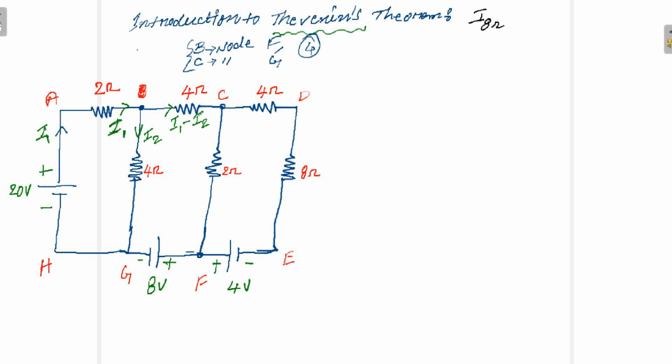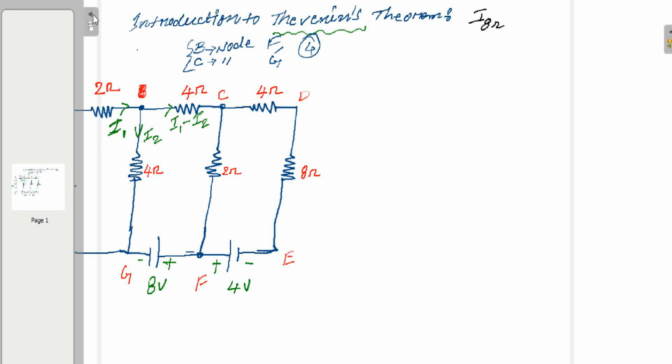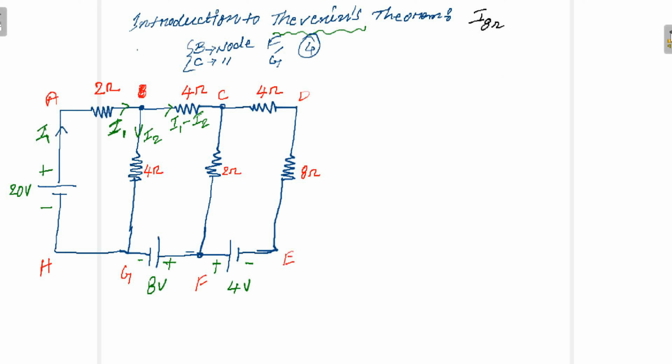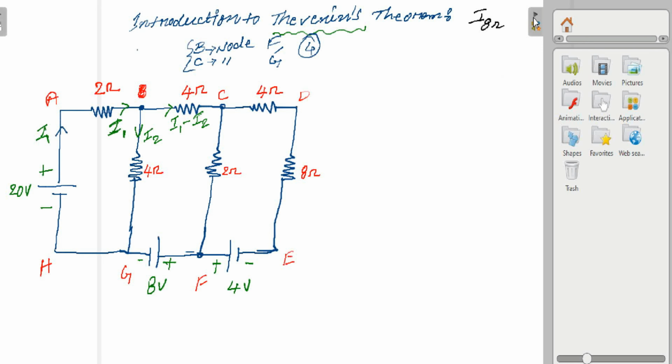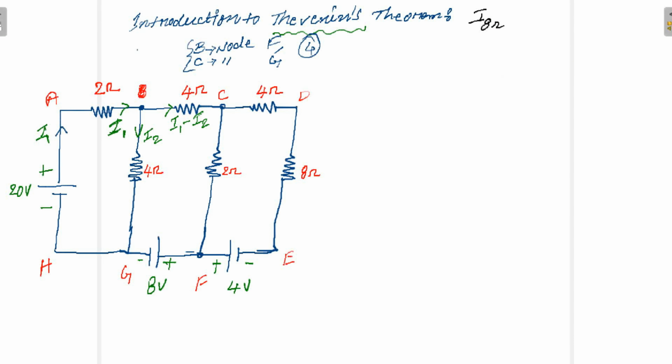Now come to point C. How much current is coming? I1 minus I2. It is divided from I1 minus I2. Let us consider the current flowing through this branch is I3.